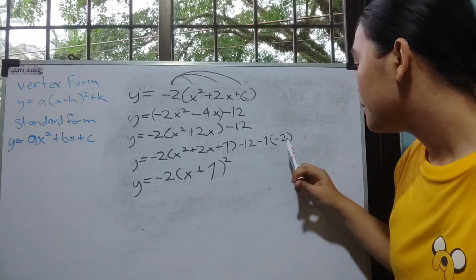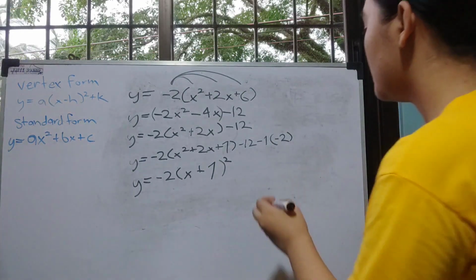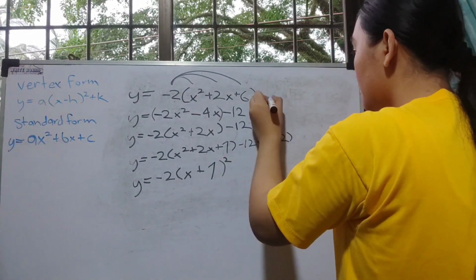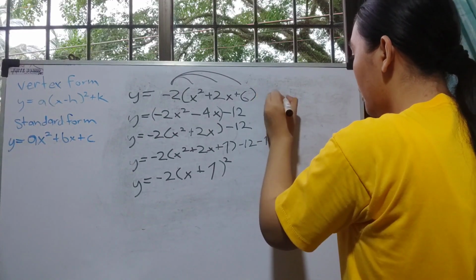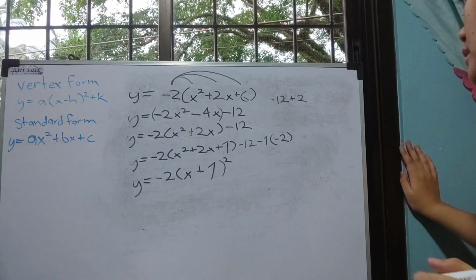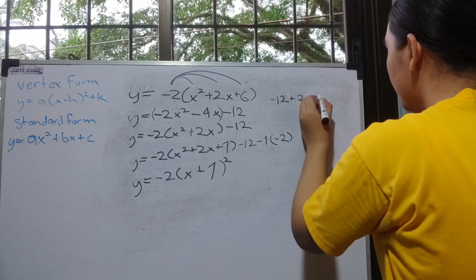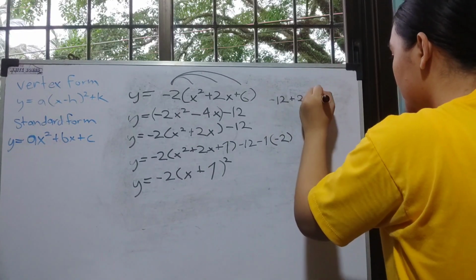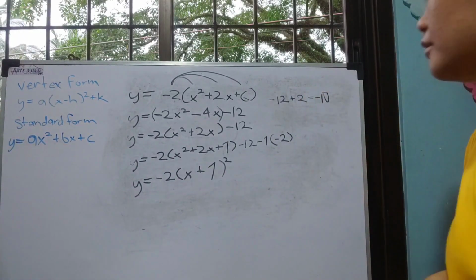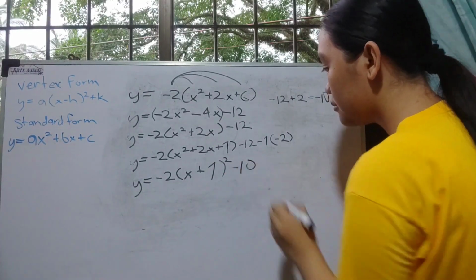So negative 1 times negative 2 is positive 2. So negative 12 plus 2 is negative 10.